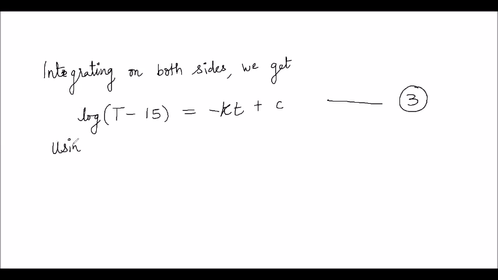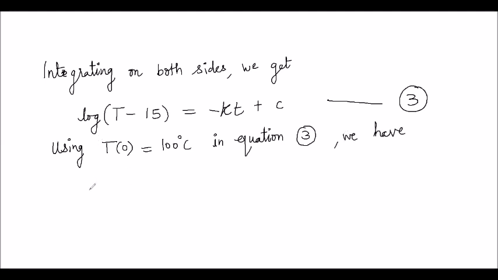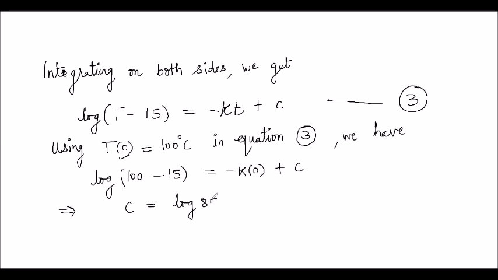Now we will be finding the value of this constant C using the given conditions. Using the initial temperature of coffee, which is 100 degree centigrade, in the above equation 3, we have log of capital T, we put 100, time we are considering as 0, initial, and C. This will give us that C will be log 85.